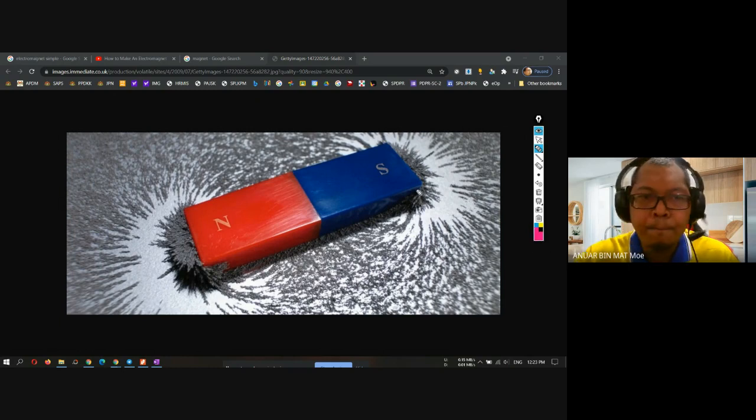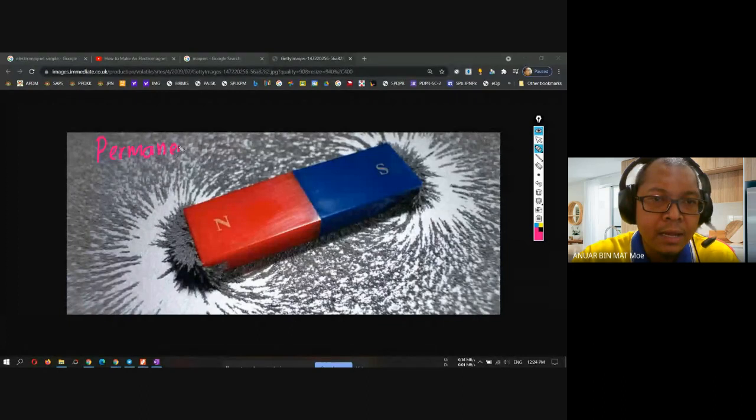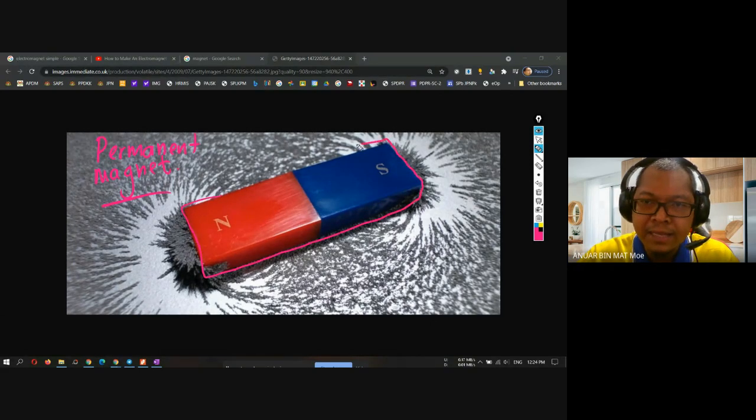This is permanent magnet. The bar itself, the bar of the magnet itself, is magnetic. It's already magnetic. It can produce its own magnetic field lines and its own magnetic force.